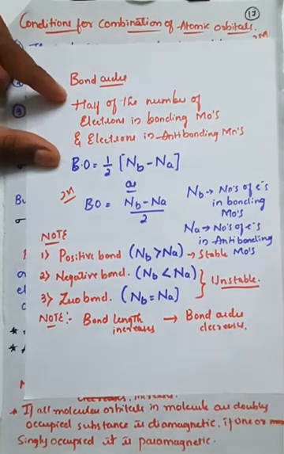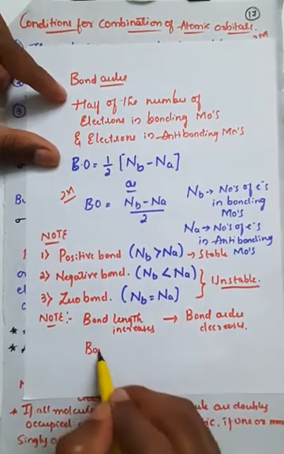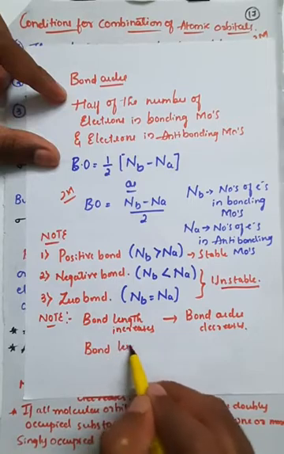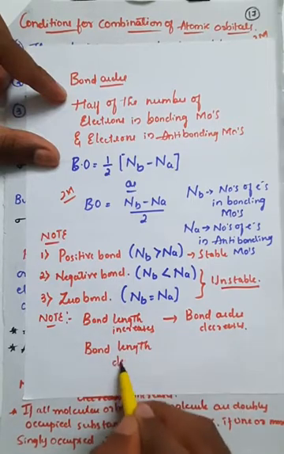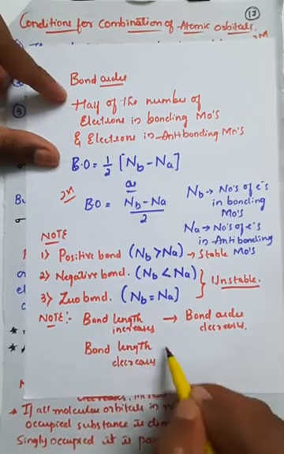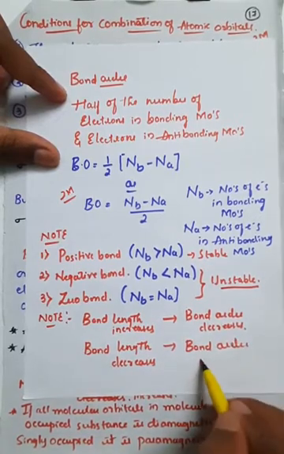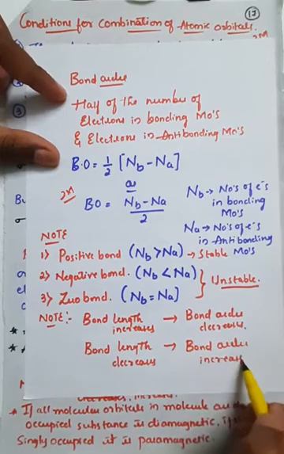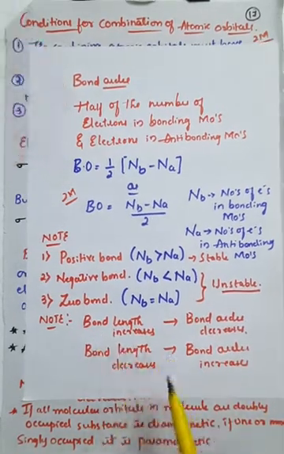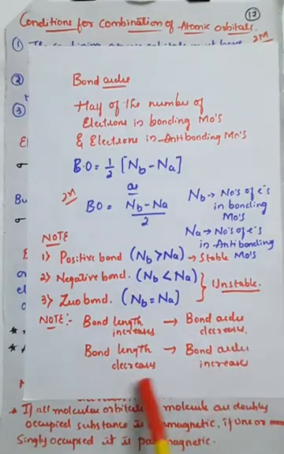Or reverse, whenever the bond length decreases, the bond order increases. Both are inversely proportional, right? So remember this statement: whenever the bond length increases, the bond order decreases. Whenever the bond length decreases, the bond order increases, right?